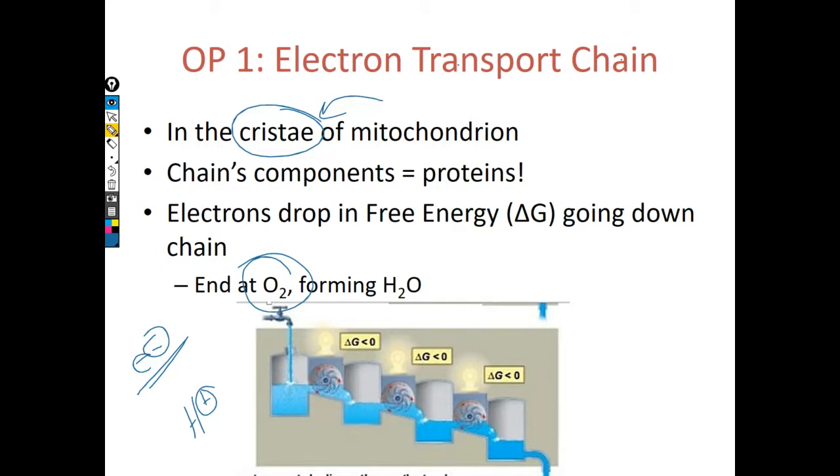So when we're done with our electrons, we have to get rid of them. They have to go away, go bye-byes. Oxygen is what's going to allow us to do that. So this is an aerobic process.